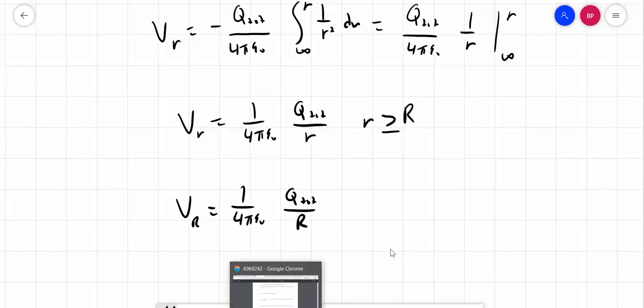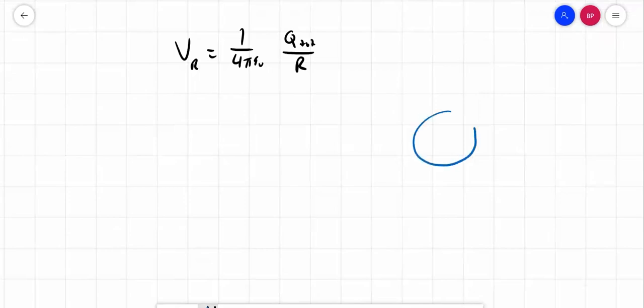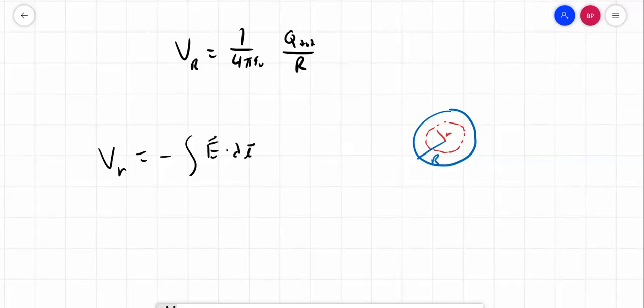All right, now let's find the voltage inside. So let's redraw our sphere. This time I want to know the voltage at some little r that's less than capital R. Once again, this is given by this integral from infinity to r.